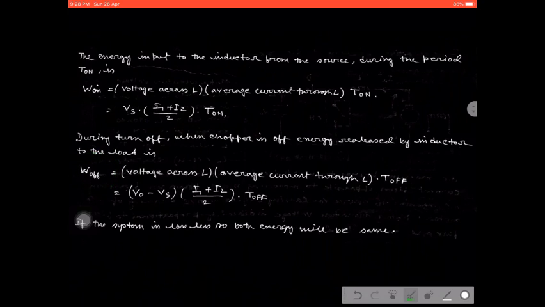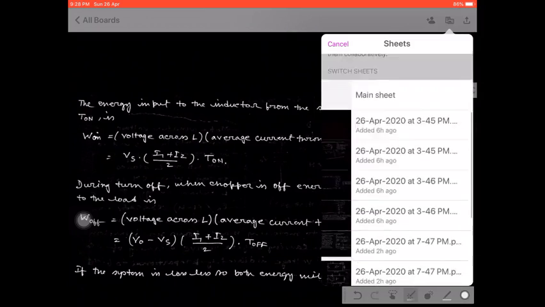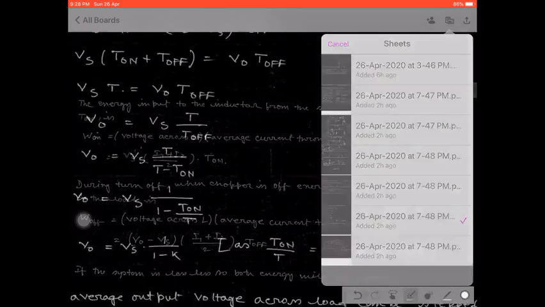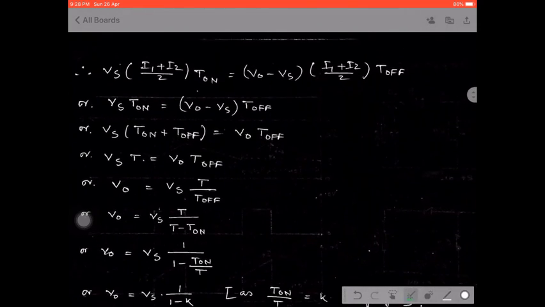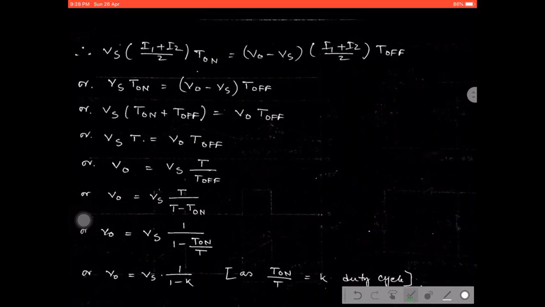As the system is lossless, we consider both equations to be the same, because the inductor stored energy during on and during off will be the same.